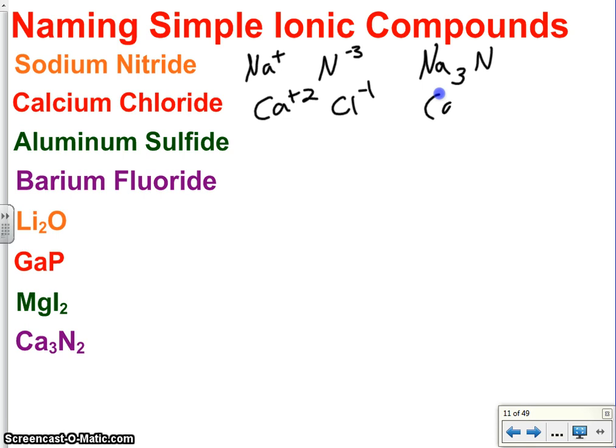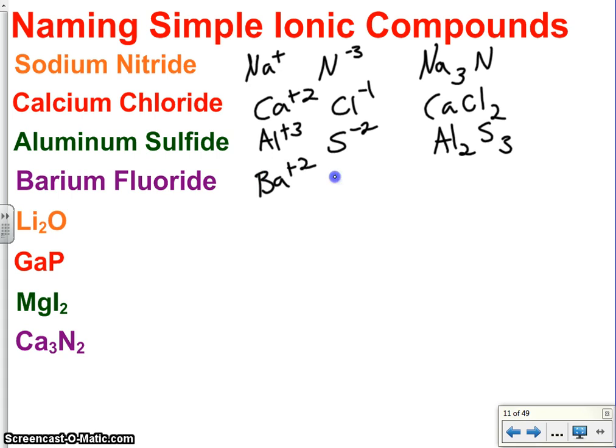Cross and drop, CaCl2. Aluminum is Al +3, sulfide is sulfur, -2 charge, cross and swap, Al2S3. Barium fluoride, Ba +2, fluoride is F-1, cross and drop, and we get BaF2.